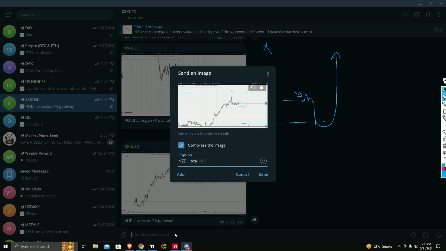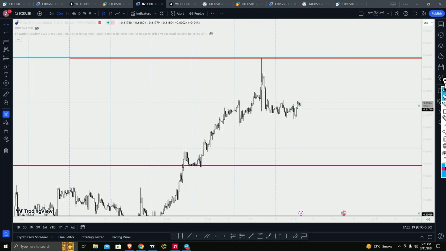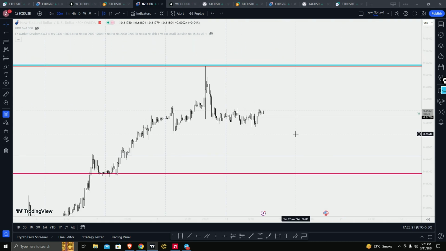Local high is my trigger to buy a sweep. Yeah, rest of it self-explanatory. So again, expect this low to hold, and then once it makes a high, just buy in them lows and target that high.